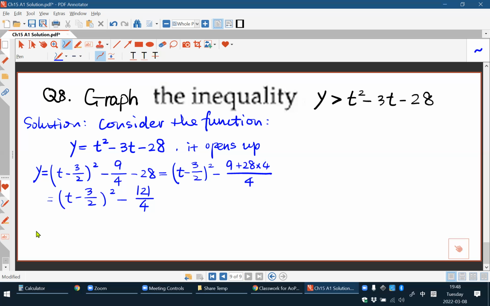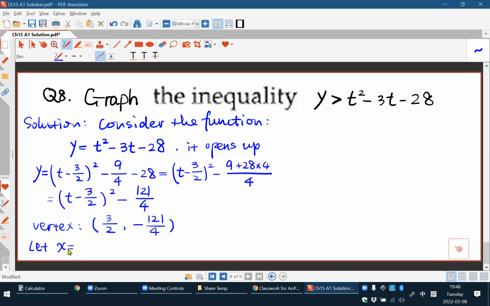Now we can say the vertex is 3/2, negative 121/4, right?